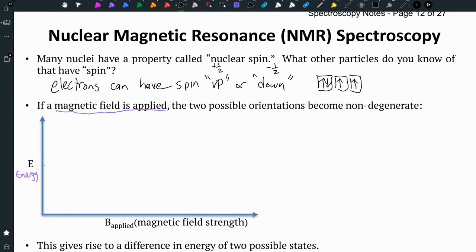So the ones that are aligned against the field, their energy will go up. The ones that are aligned with the field, their energy will go down. So you end up with a split between nuclei aligned with the field and nuclei aligned against the field.